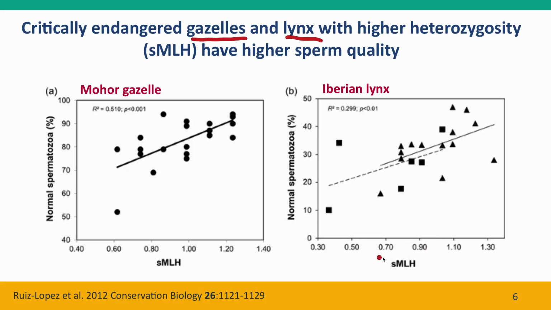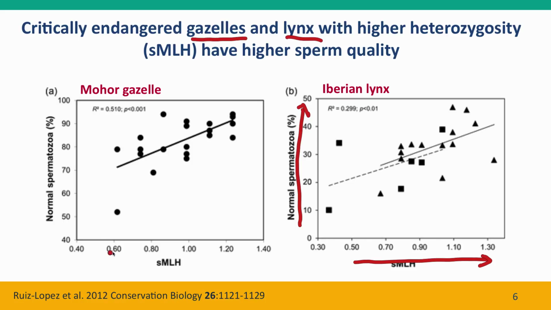And what they found was that as heterozygosity went up, animals with higher heterozygosity had more normal spermatozoa. It turns out that sperm quality is a particularly sensitive phenotype, particularly sensitive to homozygosity, to inbreeding depression.